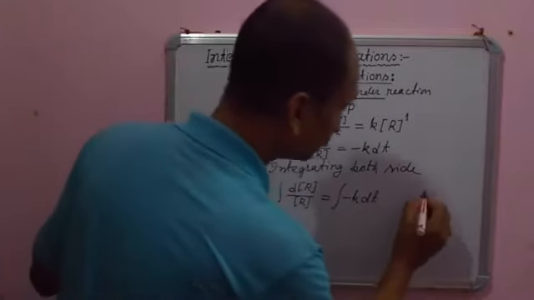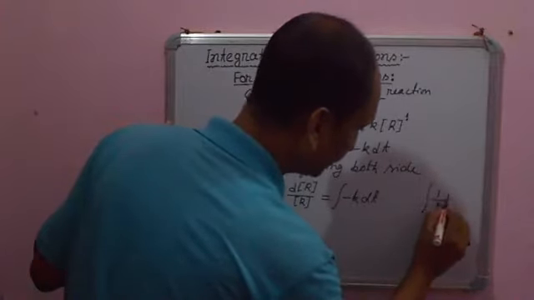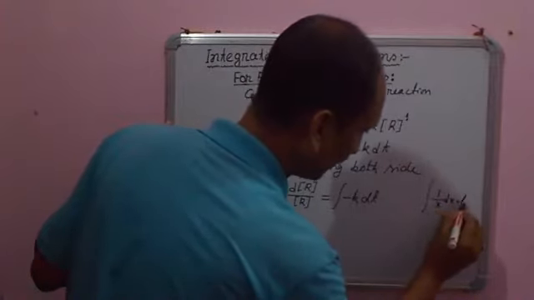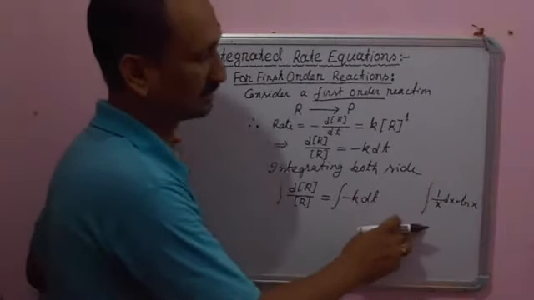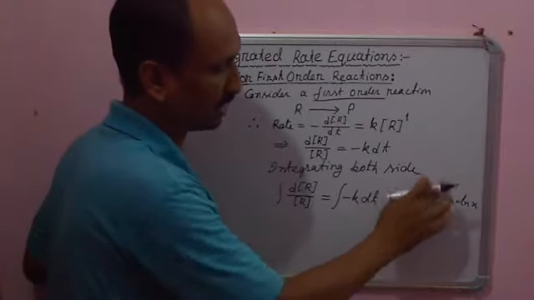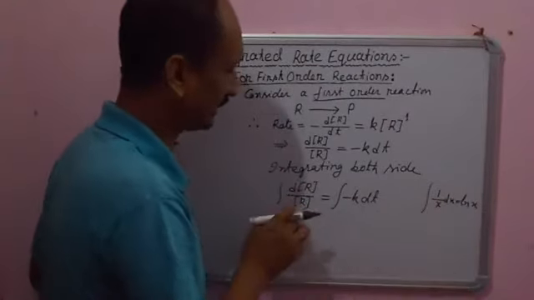Now the integration of 1 by x dx is equal to ln of x. From mathematics you know that the integration of 1 by x dx equals ln x. This formula will apply here.